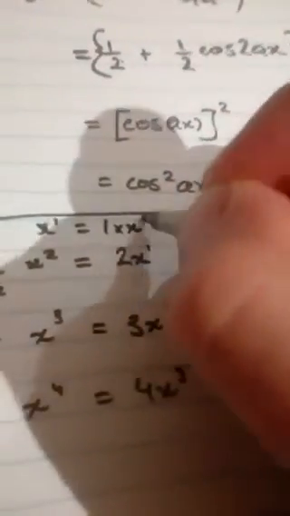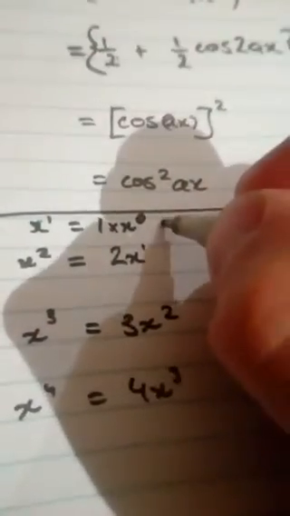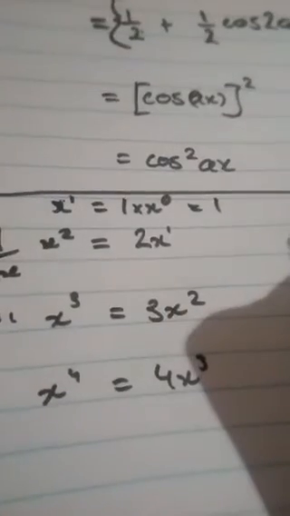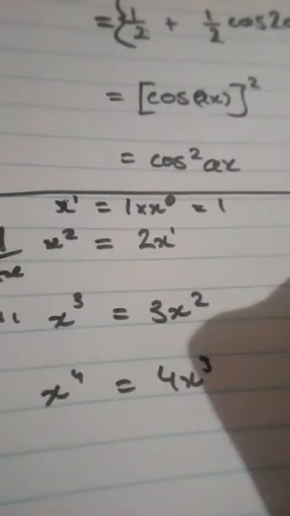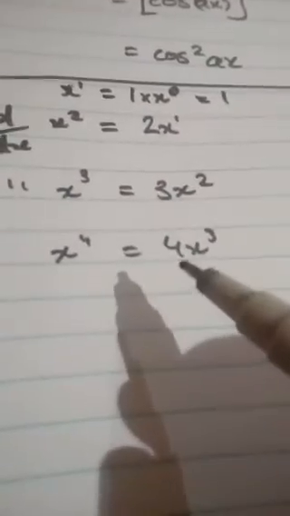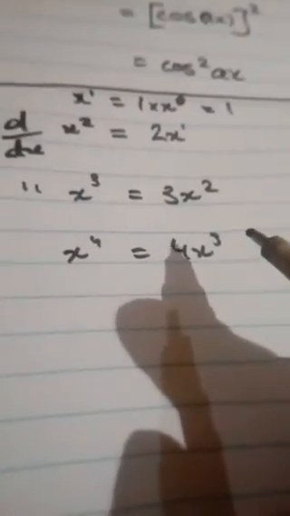So therefore the derivative of x, what's that going to equal? x to the 1. You put the 1 at the front times x to the 0, and x to the 0 equals 1. 1 times 1 equals 1. So the derivative of x is 1, and that's how we saw here that the derivative of x is 1, so 1 over 2. I don't know if this is really helping anyone or not.